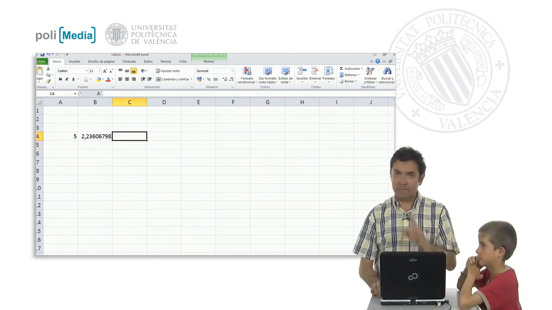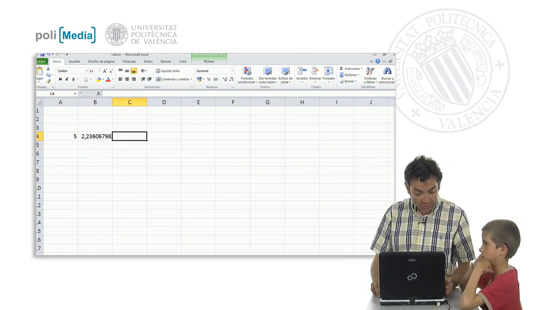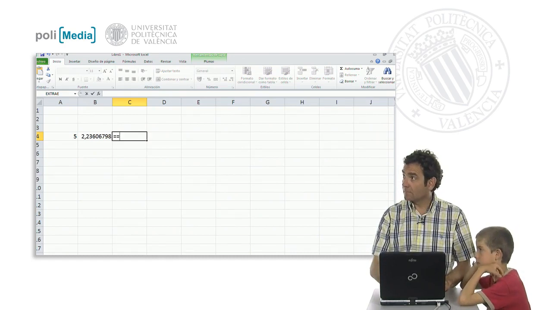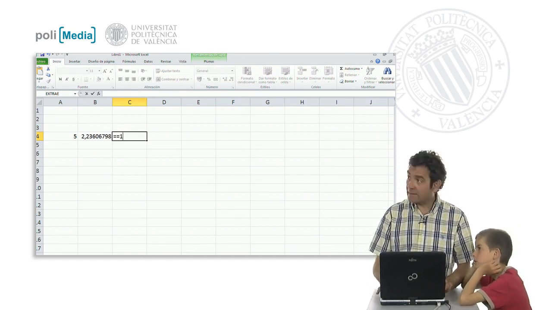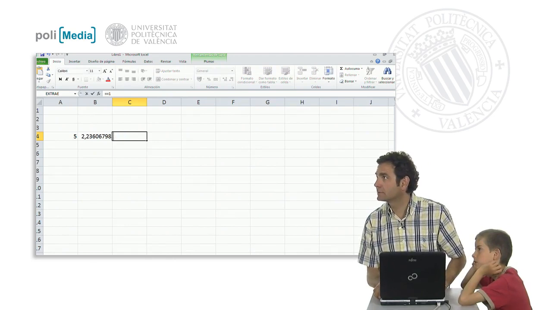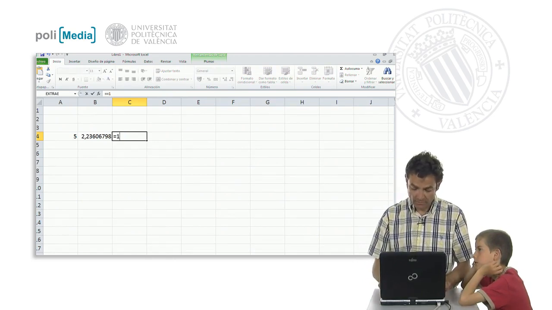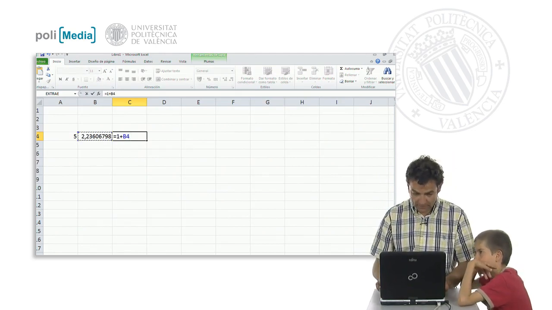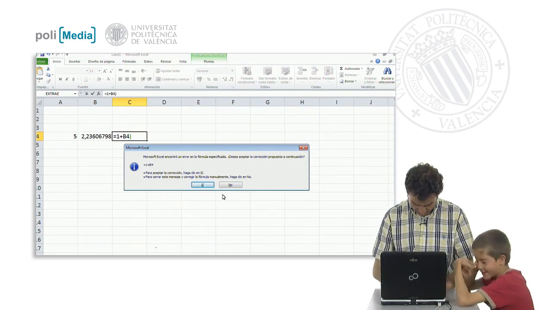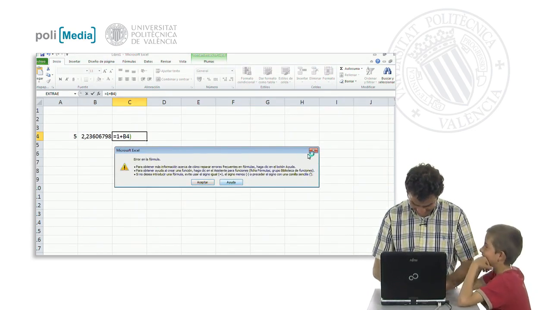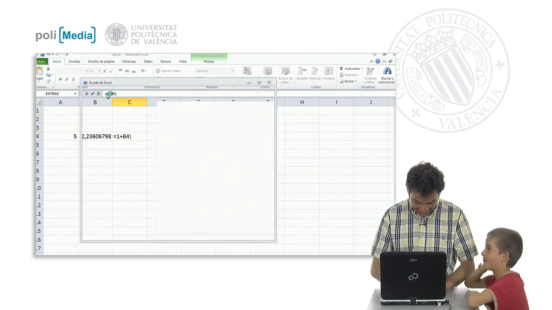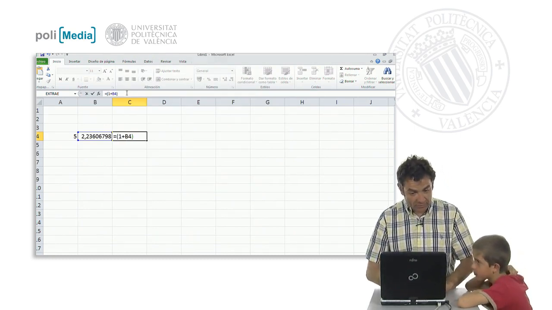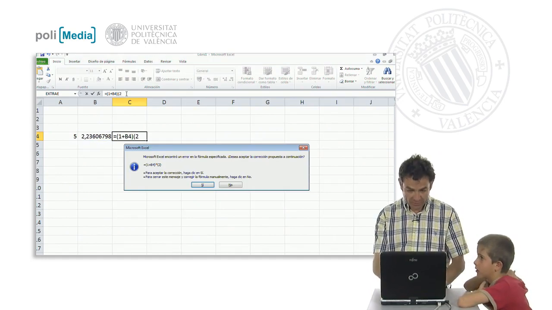Here it is interesting that if from this root of 5 we calculate the phi, the golden ratio, equal to 1 plus this number that we have here, and all this divided by 2, then we have the famous number.